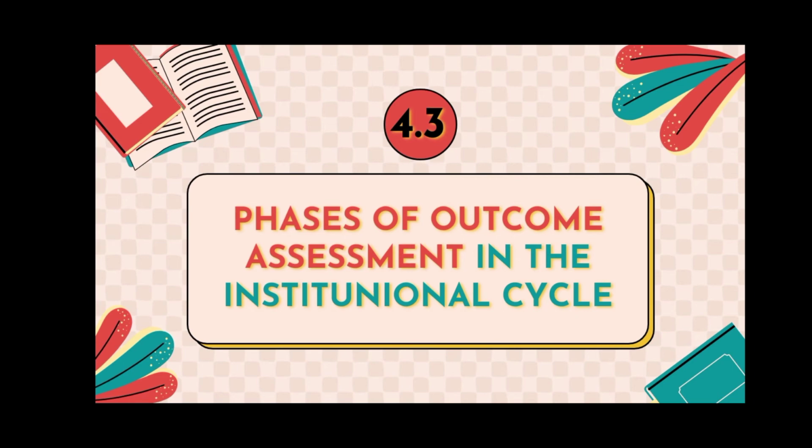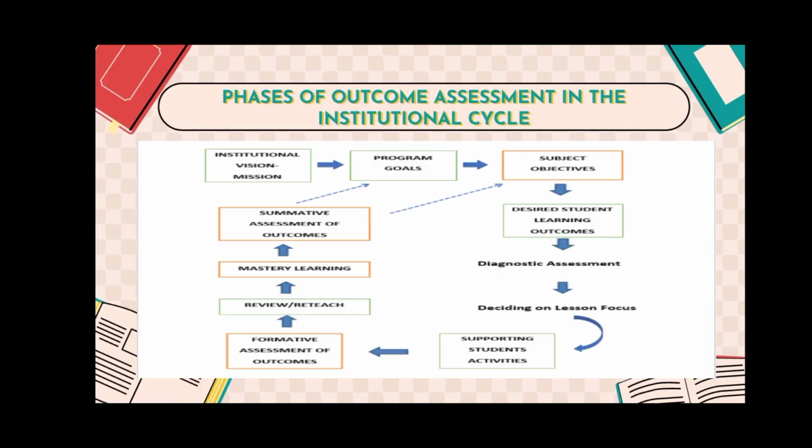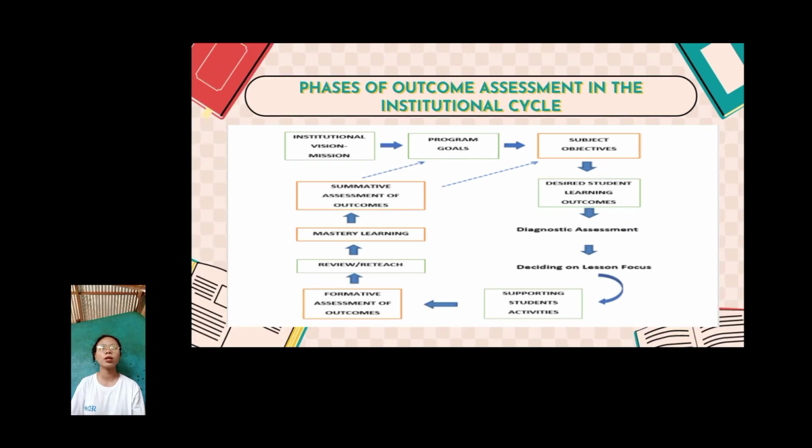And now let us move on to another topic, which is the phases of outcome assessment in the institutional cycle. We have here 11 phases of outcome assessment in the institutional cycle. First, we have institutional mission: students, faculty, and legislator.